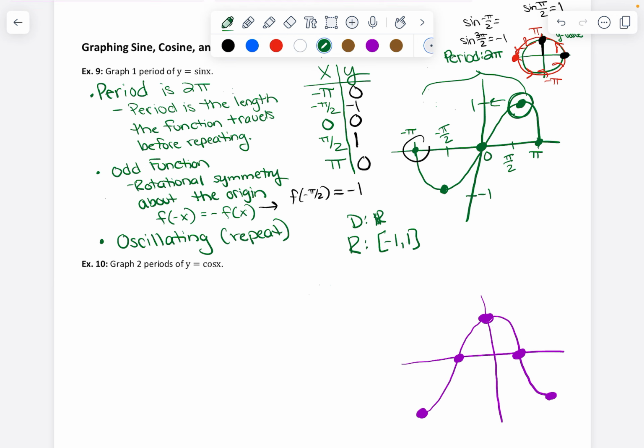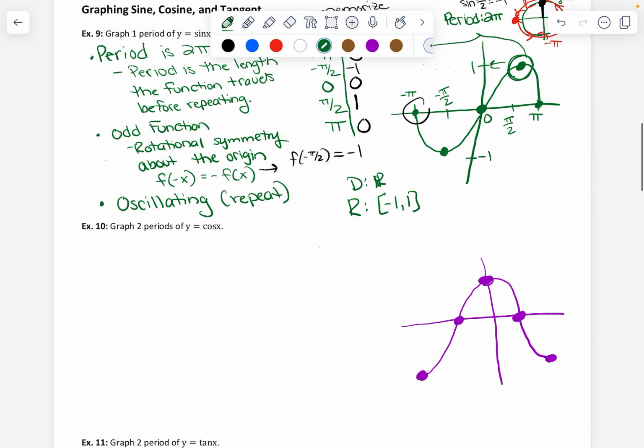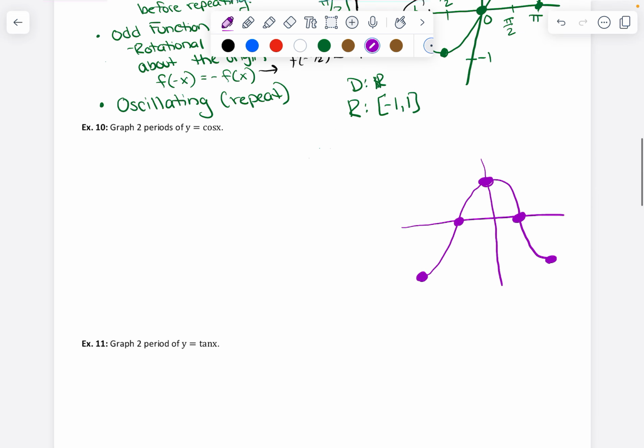Okay? So a lot of the attributes that we saw for sine are going to be shared with cosine because it is a cofunction of sine. We're still going from negative pi to positive pi. And then this will be at negative pi over 2. And then this one is at pi over 2. And then we're still using negative 1 and positive 1.